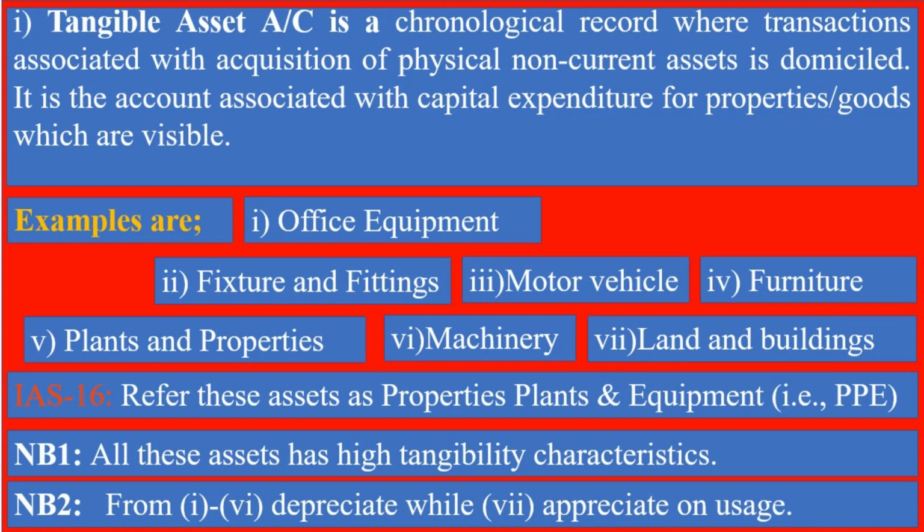In other words, their monetary value increases with time as they are being utilized by the business. That's the reason why land and buildings are further put in a special class of real estate.